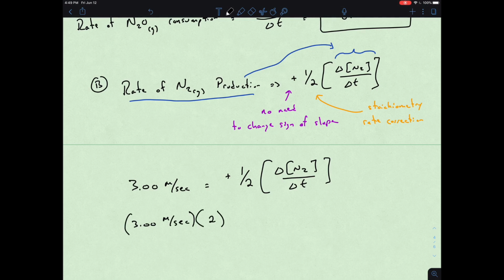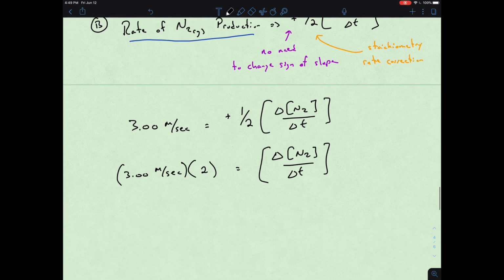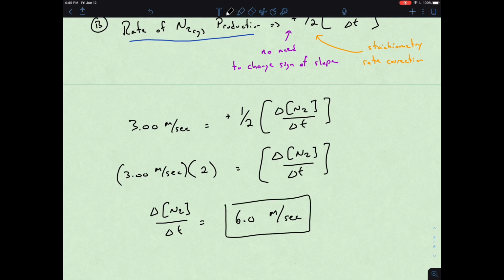We multiply over the 2, and then that's going to be equal to our change in concentration over our change in time, specifically for the nitrogen gas, and that would be equal to 6.0 molar per second.